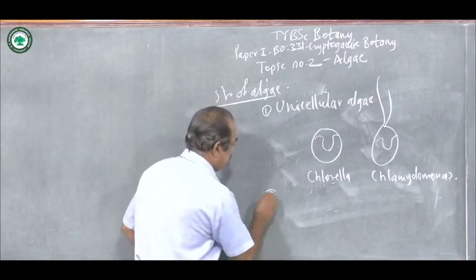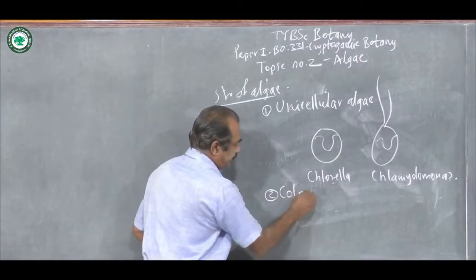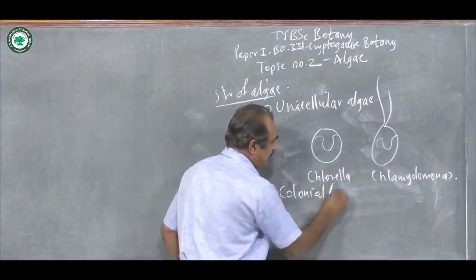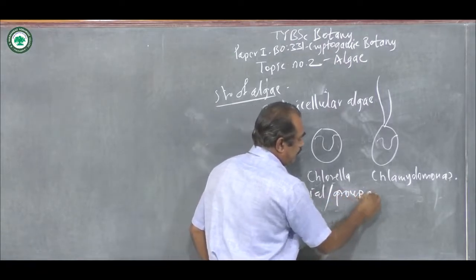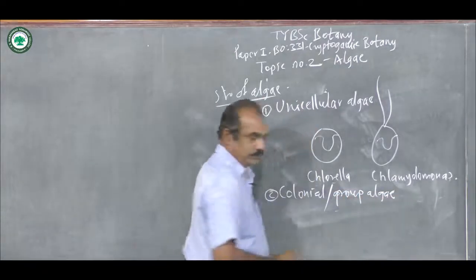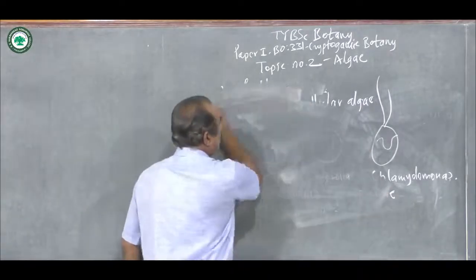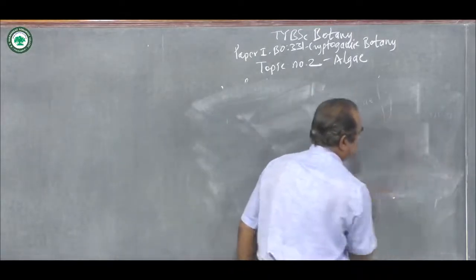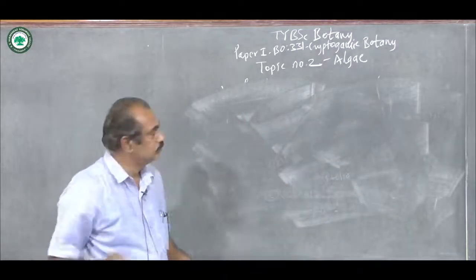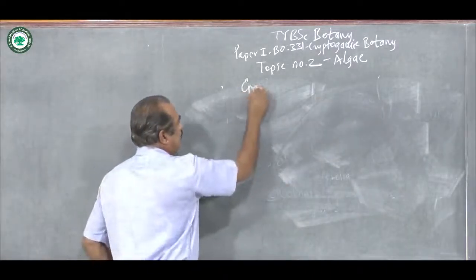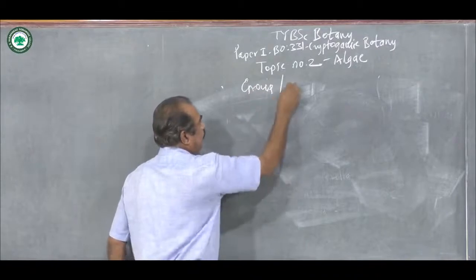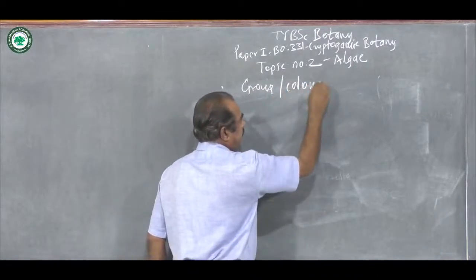Then second, that is the colonial algae. They are also called group algae. There are also different types of examples of the group algae or colonial algae.